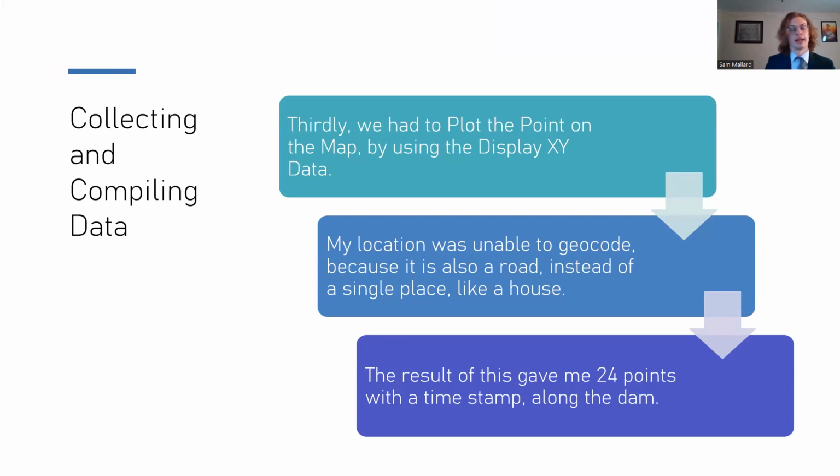My location was unable to geocode because it is a road instead of a single place, like a house. It stretches for longer than the dam itself. Anyway, the result of this gave me 24 points with the time step along the dam.